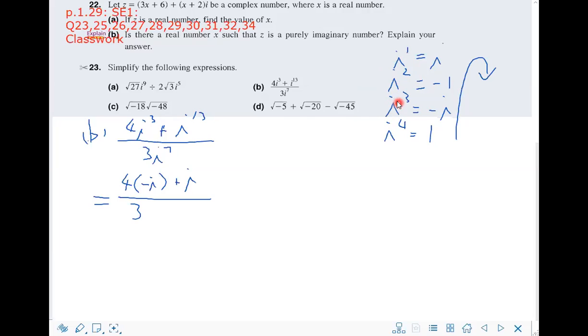It should stop at the i cube term in the pattern.